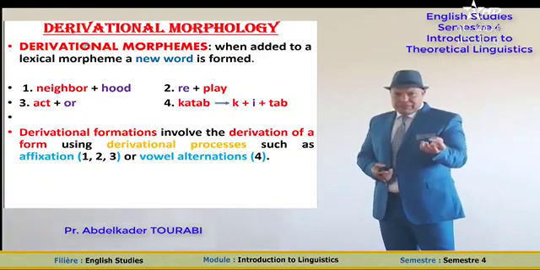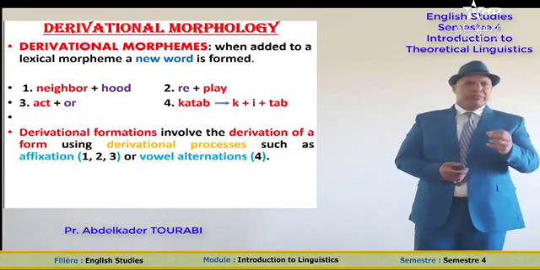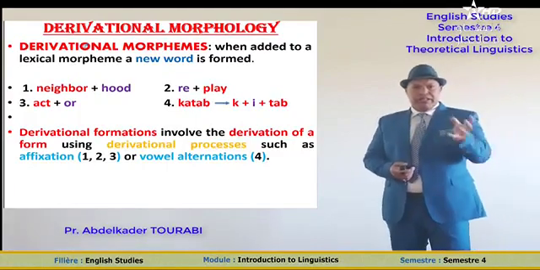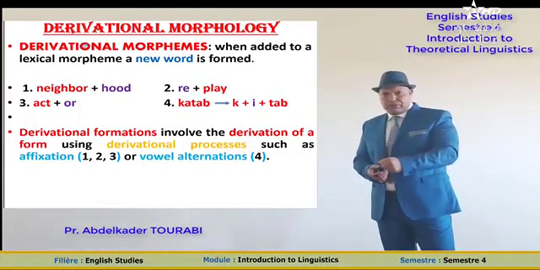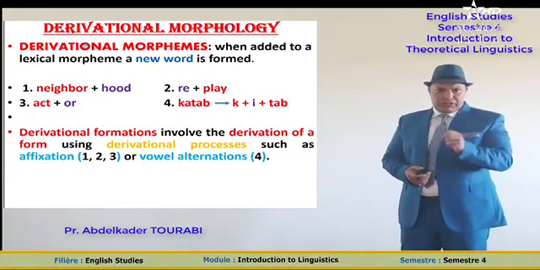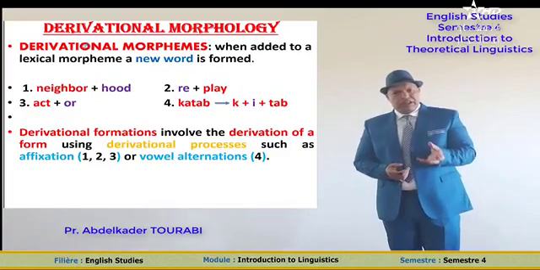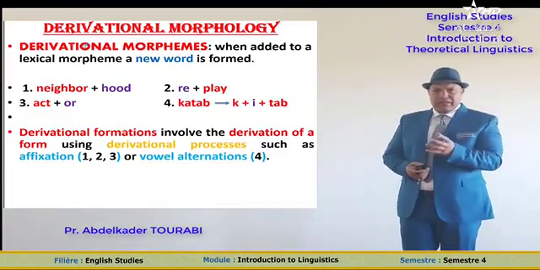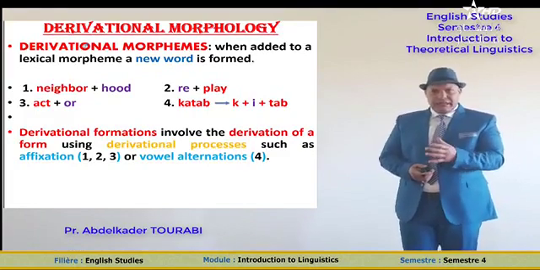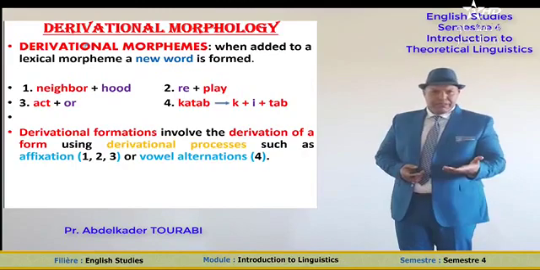We have affixation in number 1, neighborhood; in number 2, reread, replay; in number 3, actor. But in number 4, we have vowel alternation, vowel change. In Arabic, as I told you, it is very rich in vowel alternation, like kataba, we can have kitab, katib, maktub, kutubun, maktabatun.